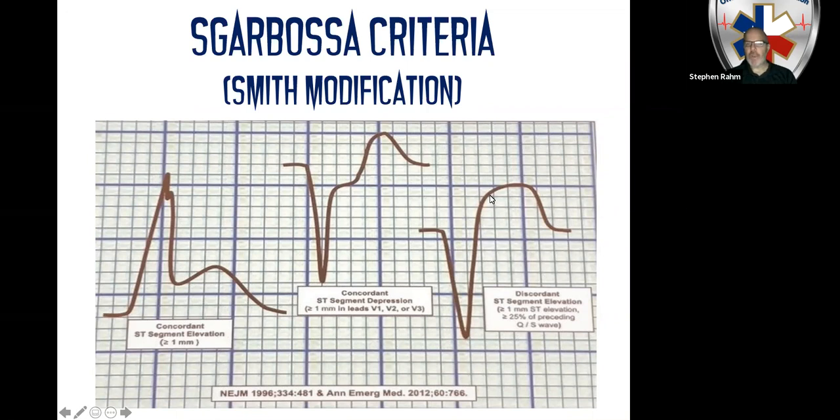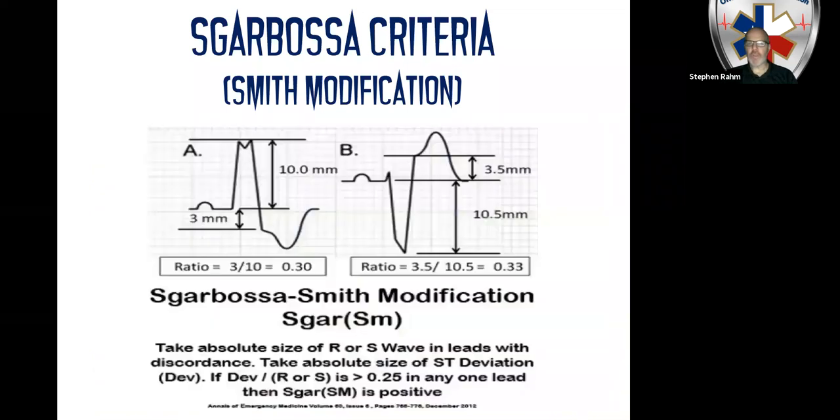And then we simply took the ST elevation millimeter number and divided it into the depth of the S wave. If the sum is greater than or equal to 25% or 0.25, then that would meet the definition of excessive discordance.